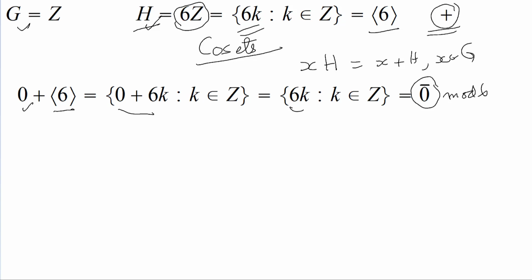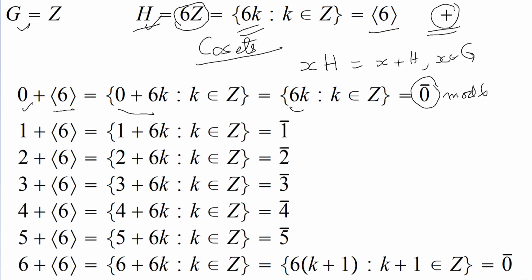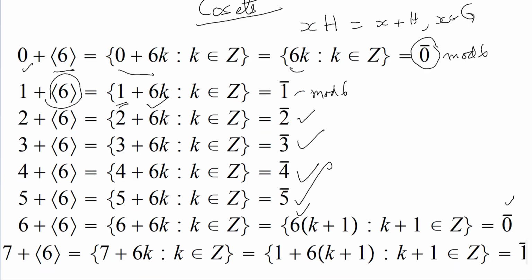Likewise, if we go further, if we add 1 to every element of the subgroup H, which is looking like this, they will all be the numbers that are related to 1 mod 6. Likewise, the other cosets would be 2, 3, 4, and 5, their equivalence classes. When you add 6, you again get multiples of 6, which brings you back to the equivalence class of 0.